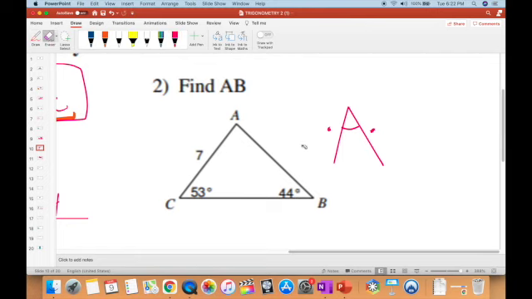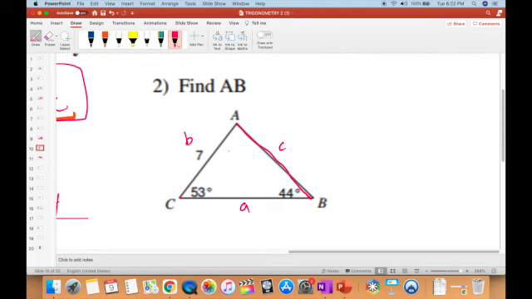So that is a good giveaway: if you have two sides and the included angle, the cosine rule is a good giveaway. But let's just see, this is B, so this will be the side b. This is angle C, so this is side c, and this is the side a. And I want to find AB, which is this, the side c.